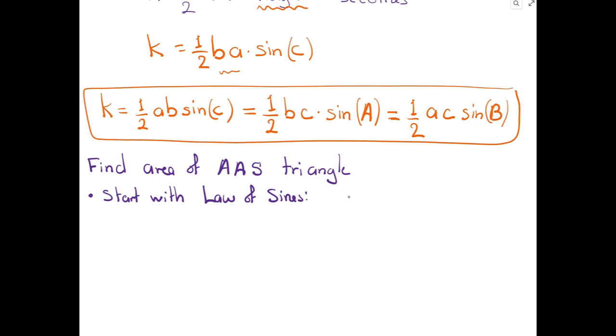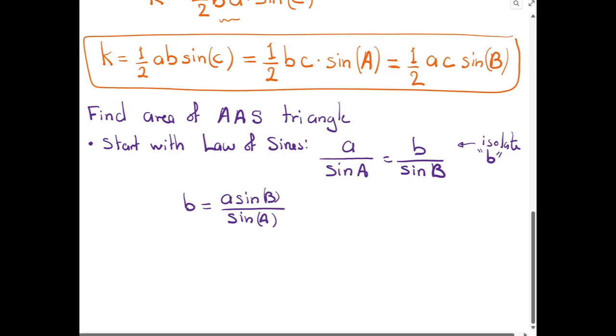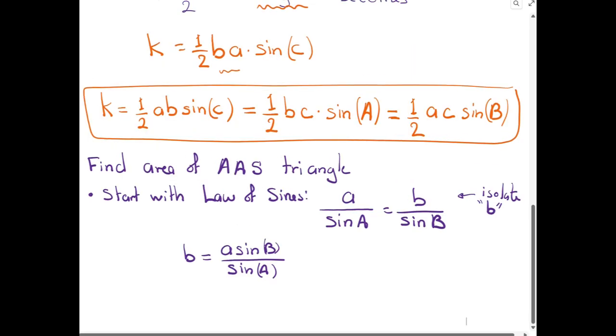So we know the law of sines is going to be A over sine angle A equals B over sine of B. And we're going to rewrite that isolating B. So we want to isolate B. So that will give me that B is equal to, and I'm going to multiply that sine B to both sides, so I would have A sine angle B over sine angle A. And that's my B. And now I'm going to take that B and substitute it in the formula we just came up with, right?